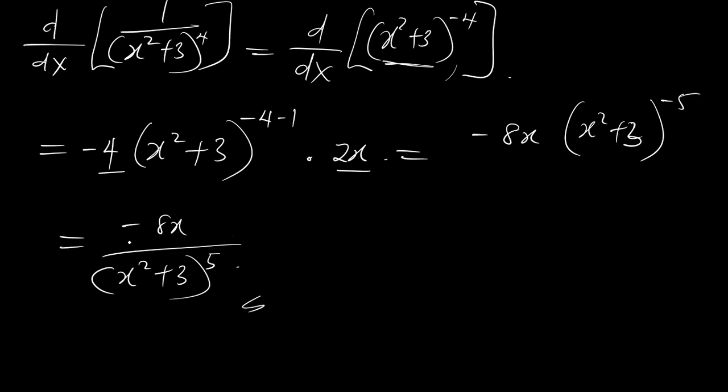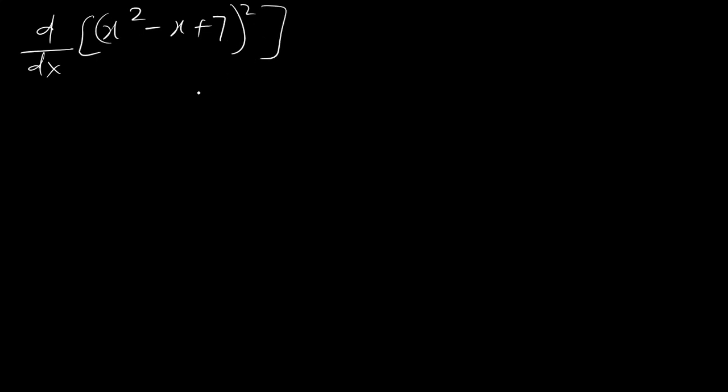Now we have the next one, which is the derivative with respect to x of x squared minus x plus 7, all to the power 2. You differentiate this with respect to the function that is inside.